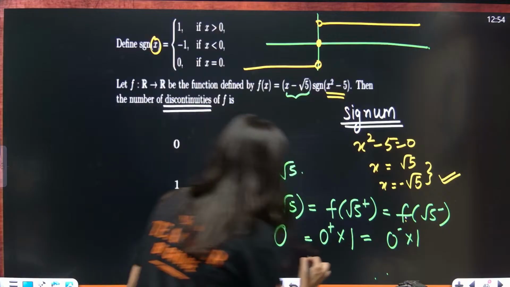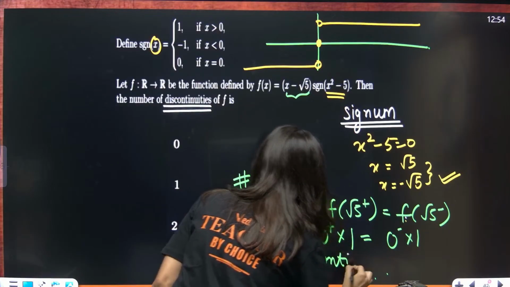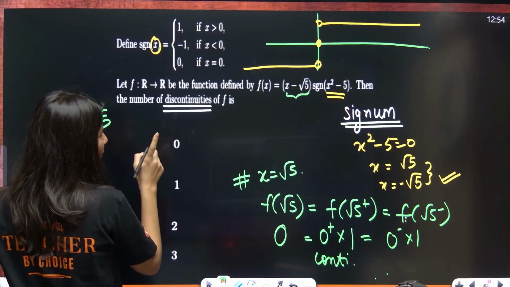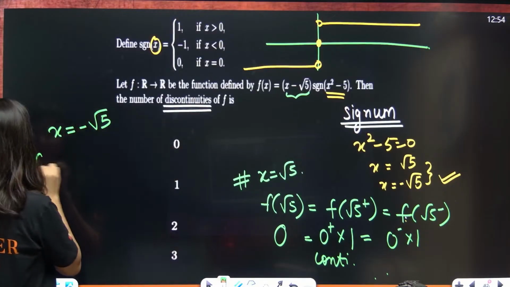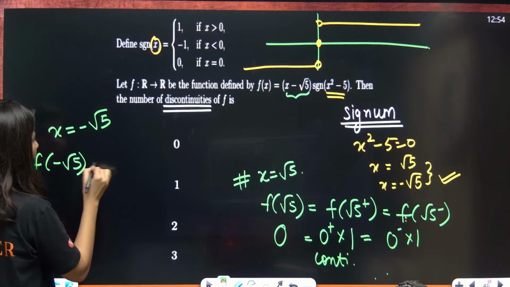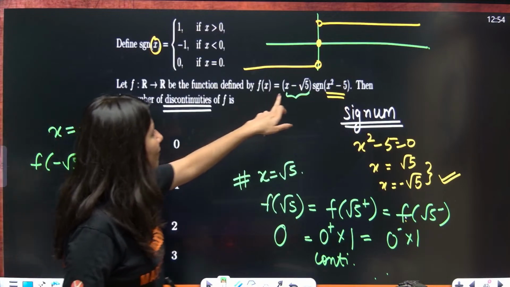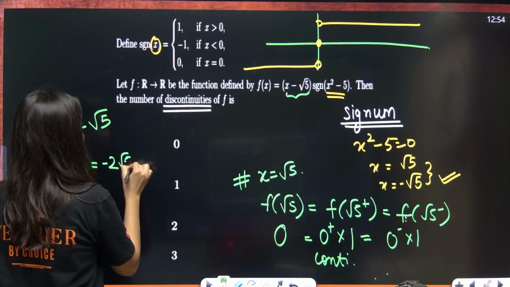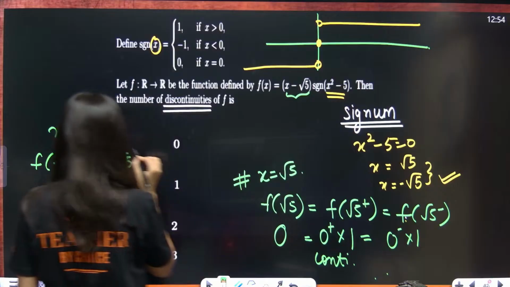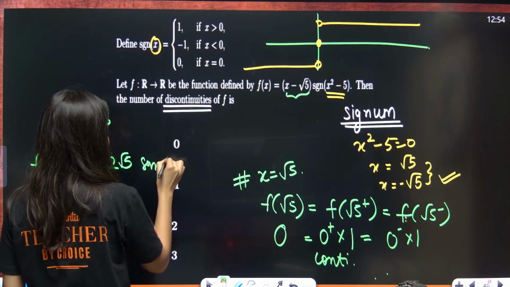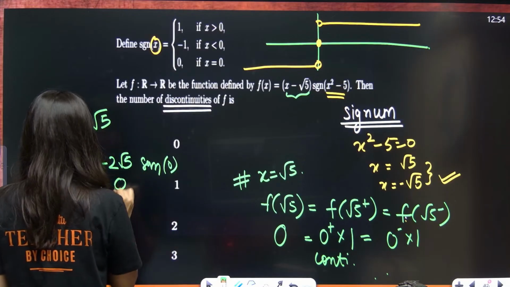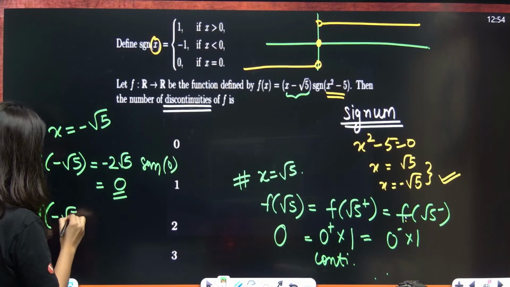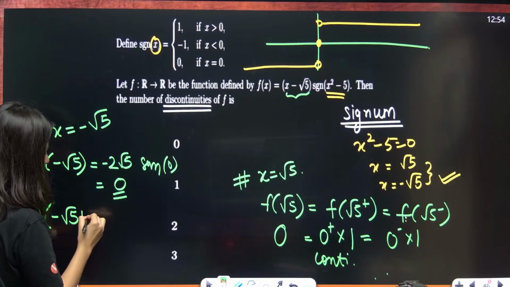Chalo, let's see what is happening at x is equal to minus root 5. If you put minus root 5, f of minus root 5, can anybody tell me? Ma'am, minus 2 root 5 multiplied by signum of 0. Signum of 0 is 0, so f of minus root 5 is coming out as 0. Now f of minus root 5 plus some quantity.